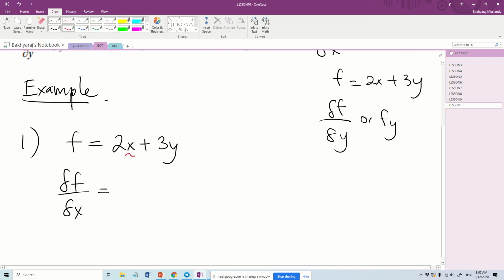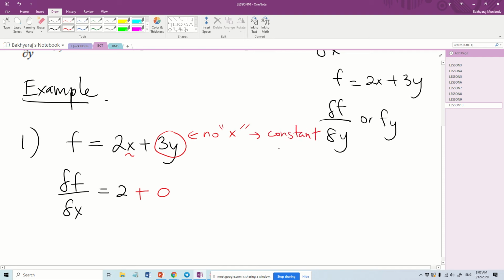So here I only have x. Here there is no x. So when I differentiate this, it becomes 0, right? Why 0? Because there is no x. No x is considered like a constant.